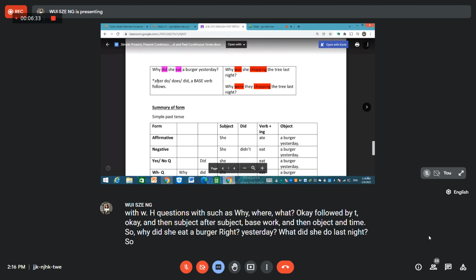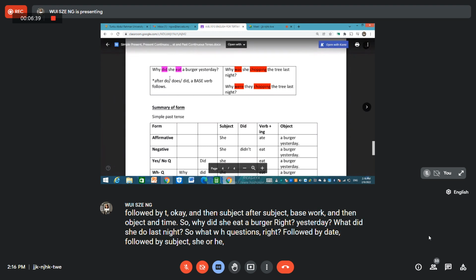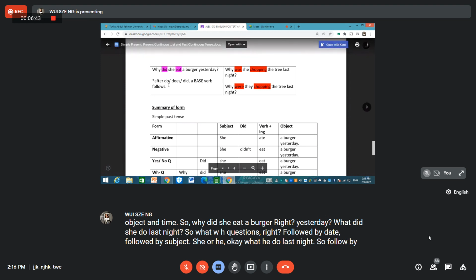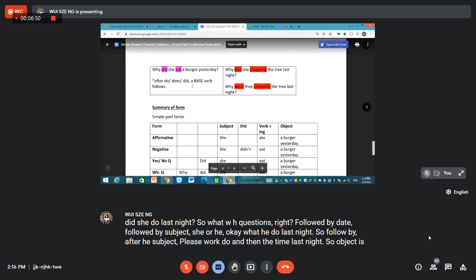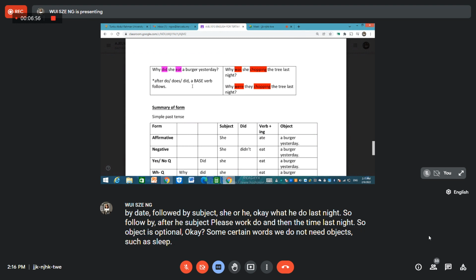What, the WH question word, is followed by did, followed by the subject, she or he. What did he do last night? After the subject he comes the base verb do, and then the time, last night. The object is optional. For certain words we do not need an object, such as sleep, or run.